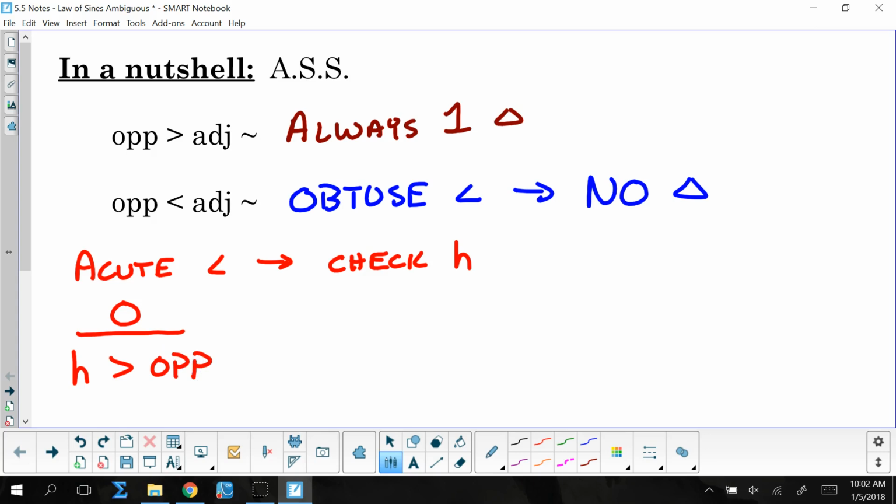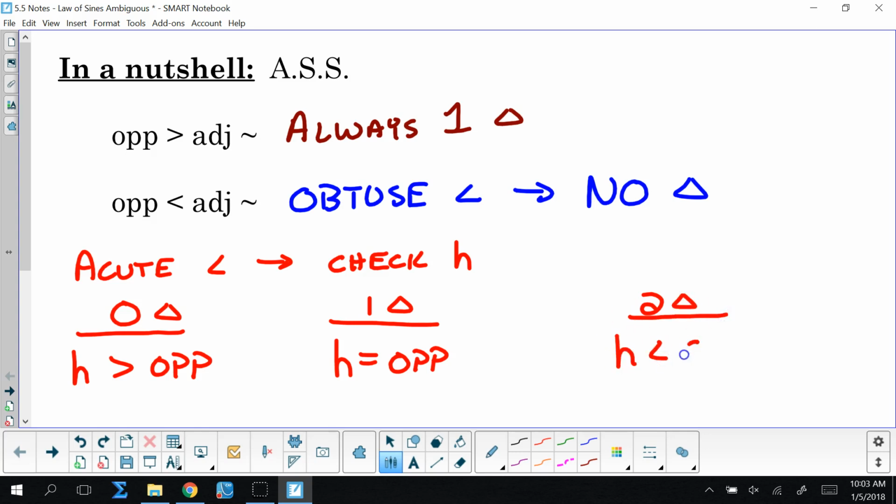So if that opposite side is smaller than the height, I get 0 triangles. I get 1 triangle if the height is equal to the opposite side. And I get 2 triangles if the height is smaller than the opposite side.